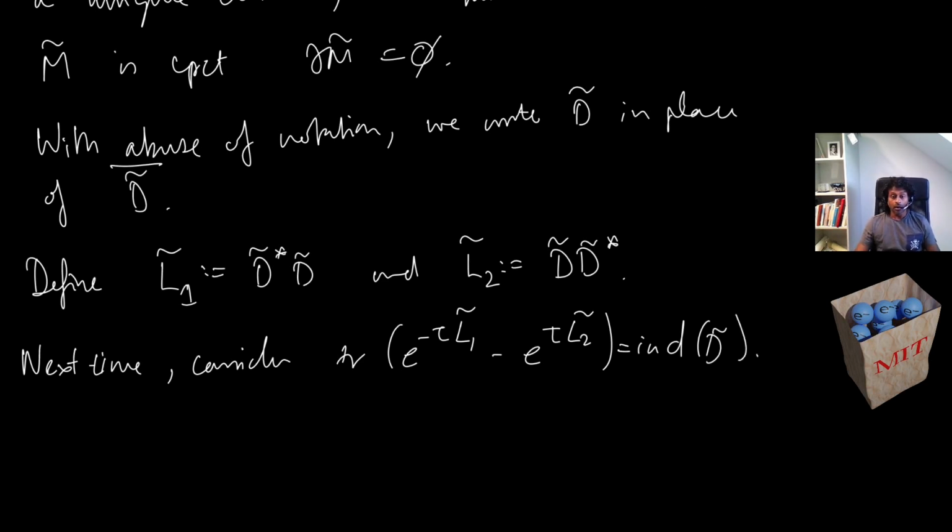So we already know that it has an index because it's a Fredholm operator. But the point is that we need to consider both the L1, L2, and the L1 tilde and the L2 tilde. We need to consider all of these things simultaneously because we have a geometric term in the index formula and we have a boundary term.